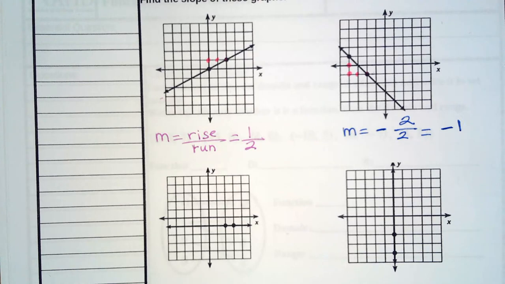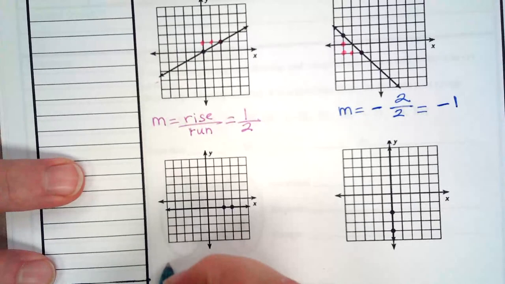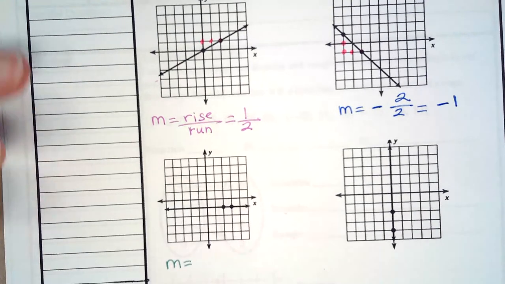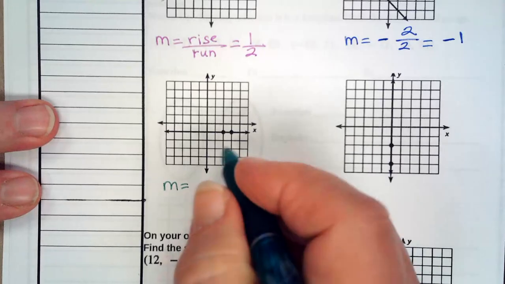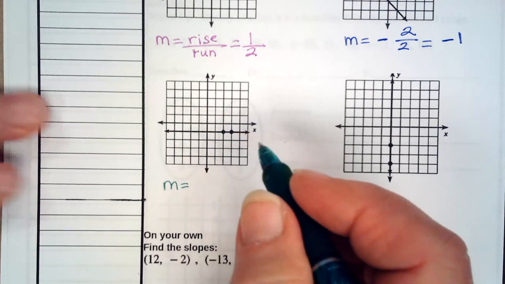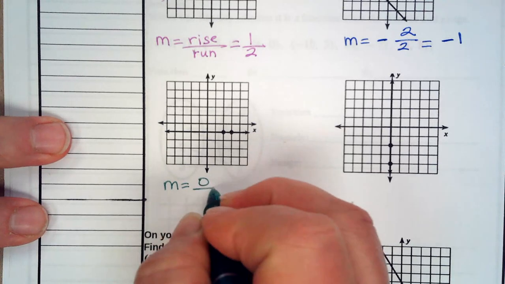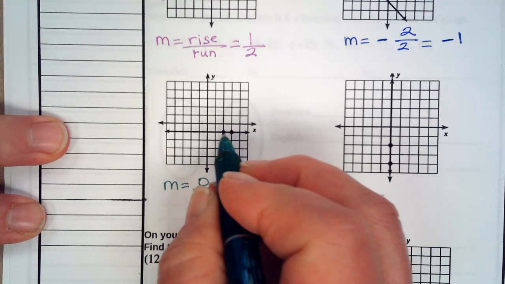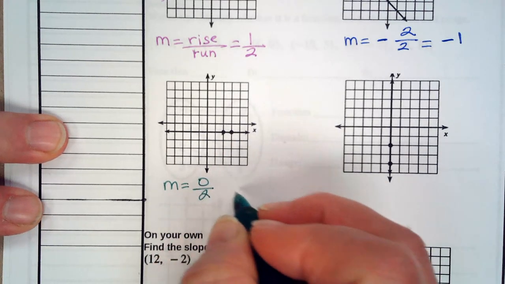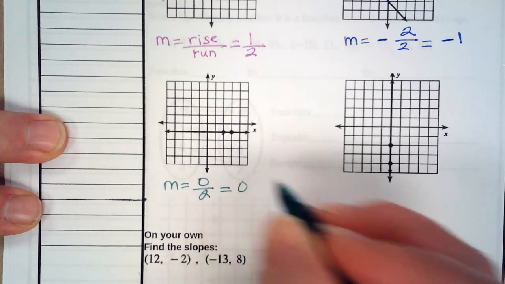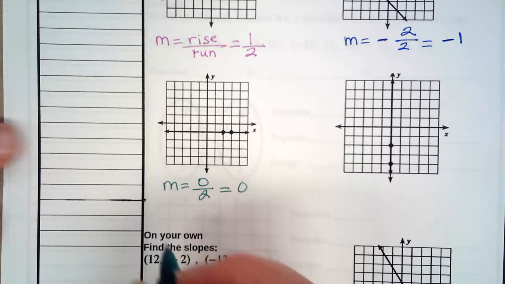Okay, for the next one, is it going up or down? It's going neither. So that means it is 0 over. I go over 2. 0 divided by 2 is simply 0. And this is a horizontal line.